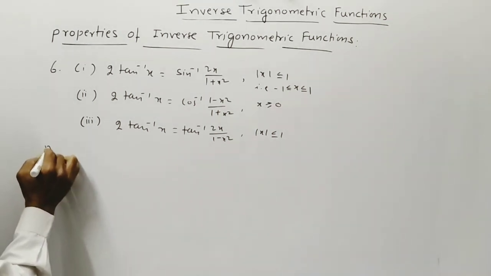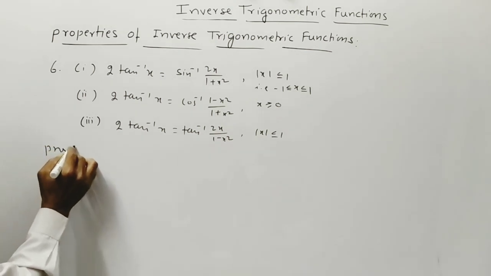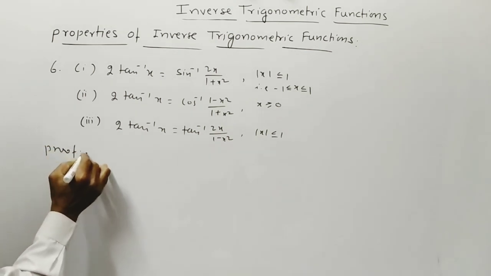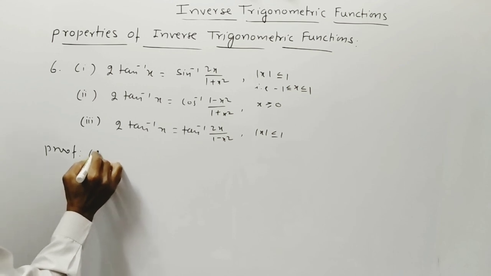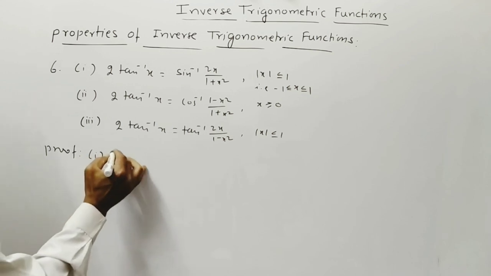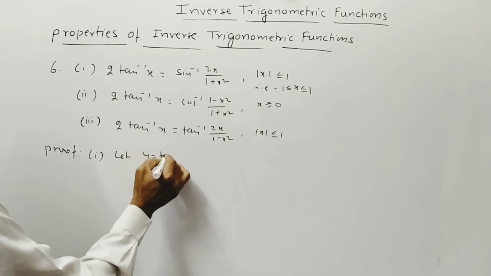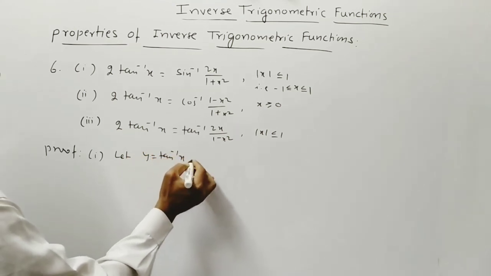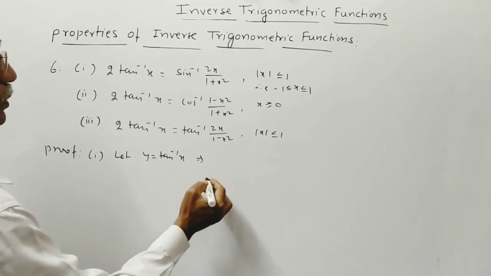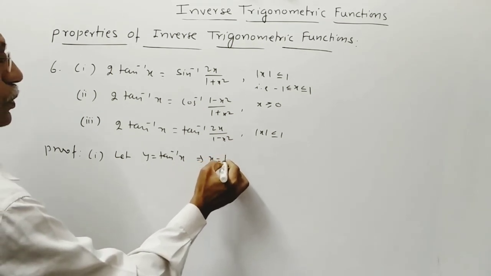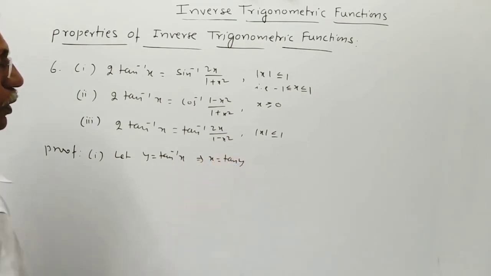Proof. Let y is equal to tan inverse of x. This implies x is equal to tan y.